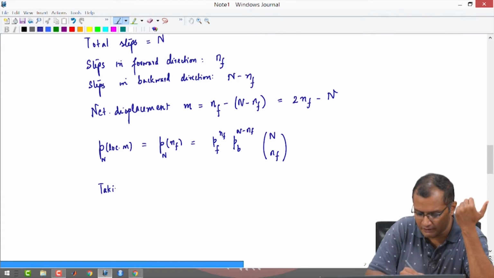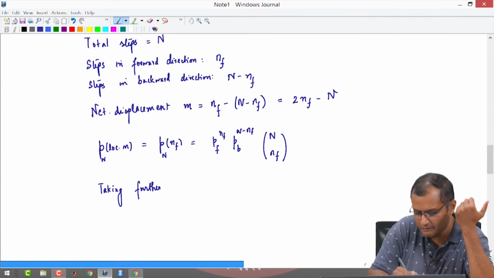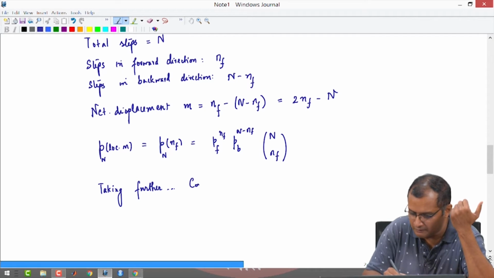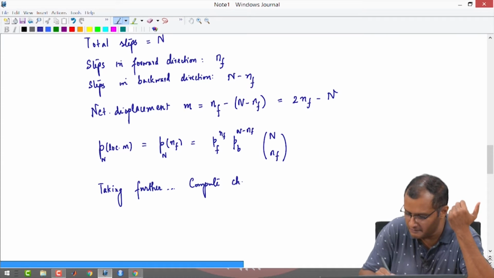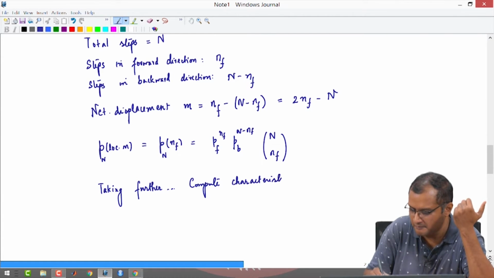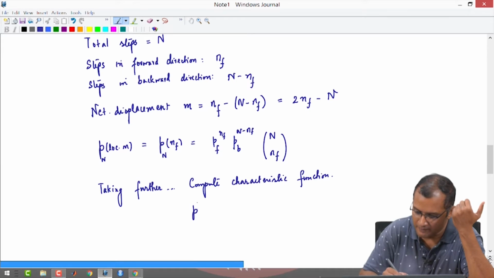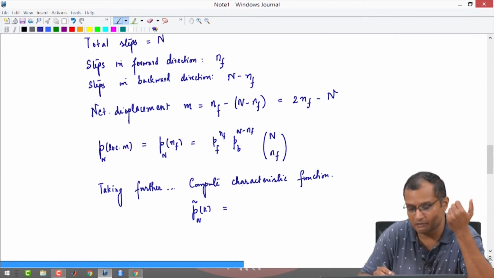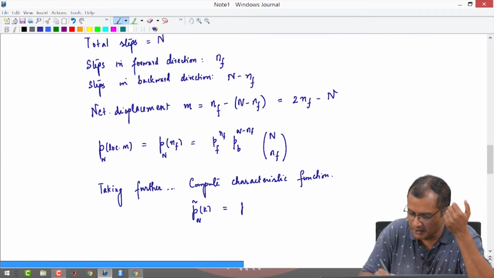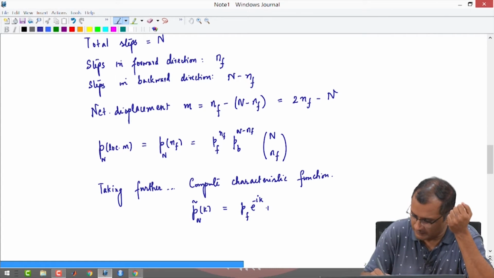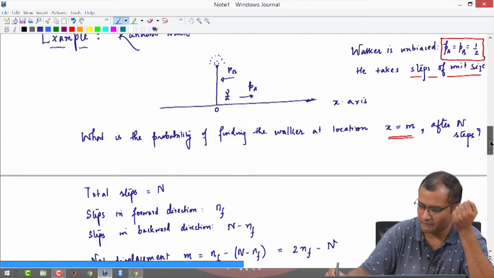Let us take it further. You can compute the characteristic function, which is nothing but the Fourier transform of this distribution, and that, as we have already done, turns out to be p forward times e raised to minus i k plus p backward, to the power N. This is the expression here.